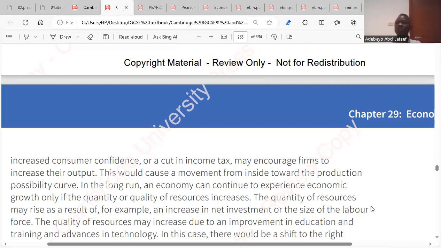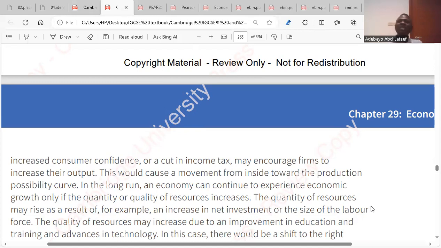If there are unused resources, that means the economy is still operating within its PPC. So at that point in time, the unused resources will cause a movement from inside to outside of the PPC. When we say a PPC, it means the maximum you can produce as a given economy if all resources are fully utilized.